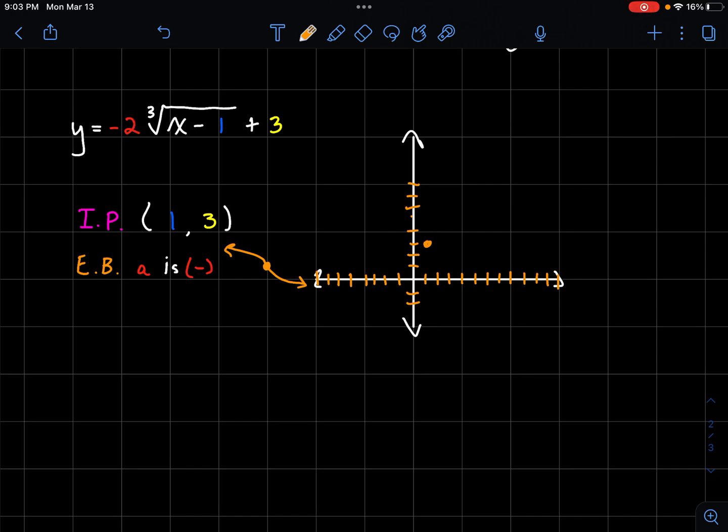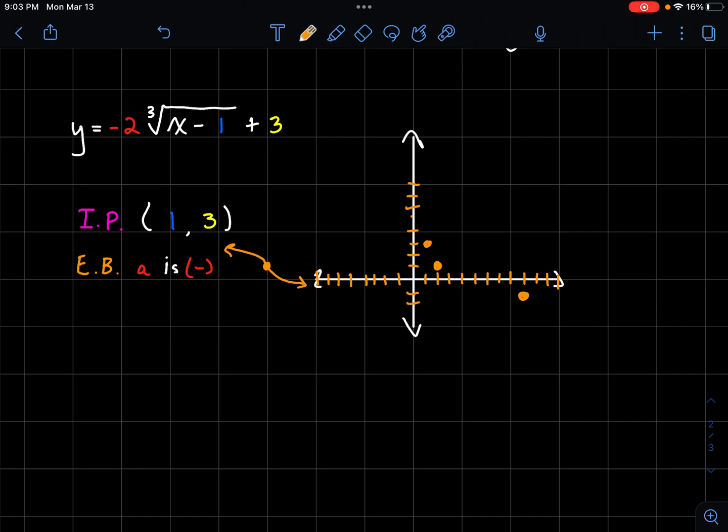So instead of going right 1, up 1, we're now going to go right 1, down 2, because 1 times negative 2 is negative 2. Our next movement from the inflection point typically is right 8, up 2. But that movement of up 2 gets multiplied once again by negative 2. 2 times negative 2 is negative 4. So it forces me to go right 8, down 4 steps.